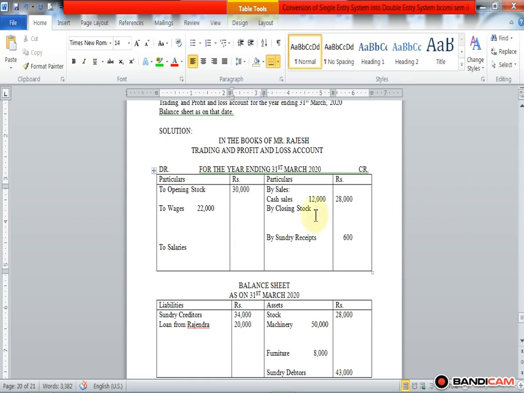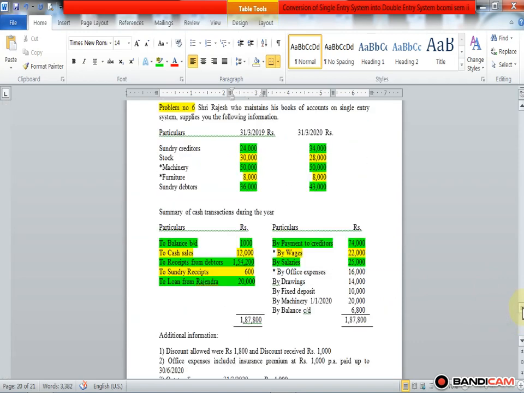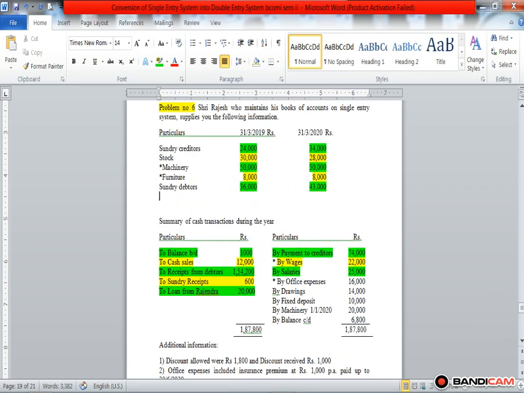So here amount is... In our problem one item is missing, that is outstanding wages, sorry, outstanding salaries amounted to rupees 1,000 and closing nil.